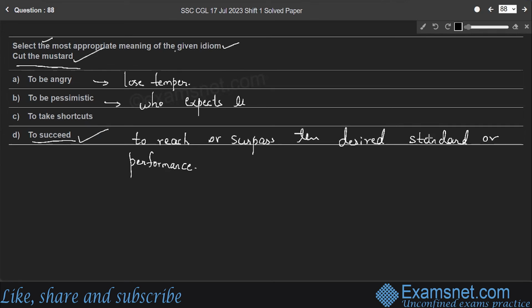Whereas to take shortcuts means to take the shortest route or to cut short the long route. The shortest route is called to take shortcuts, right? Therefore, option D.